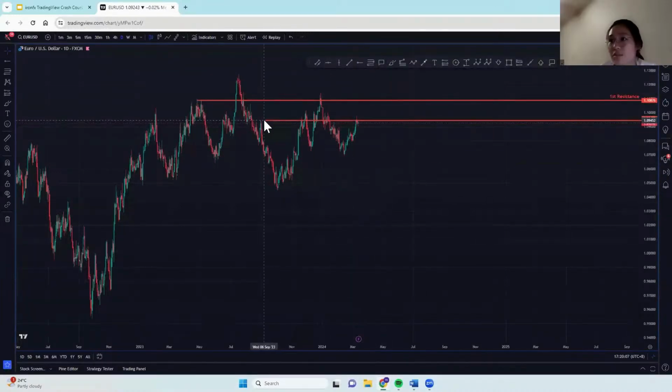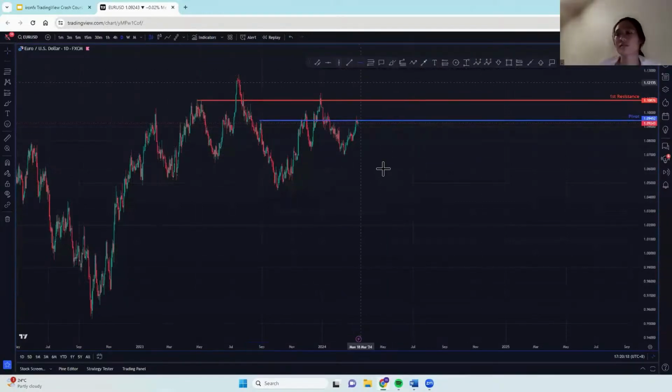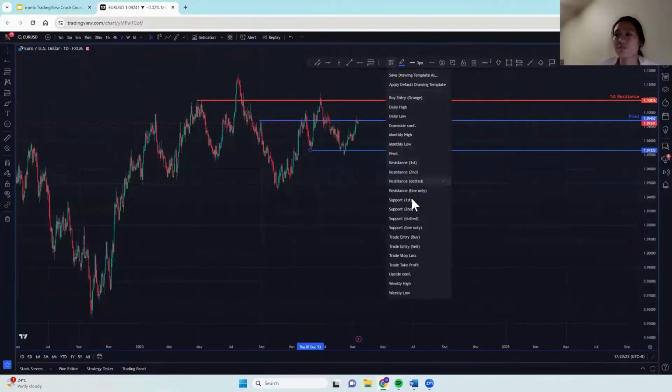This level here will be my pivot. And lastly, my first support just here.